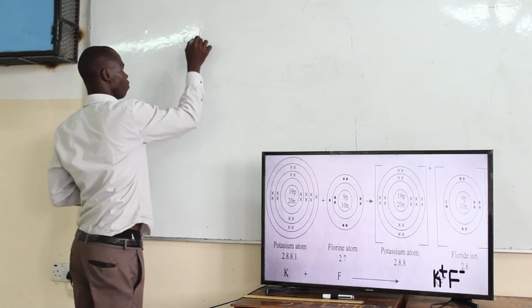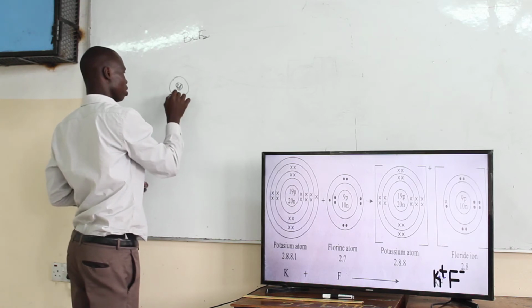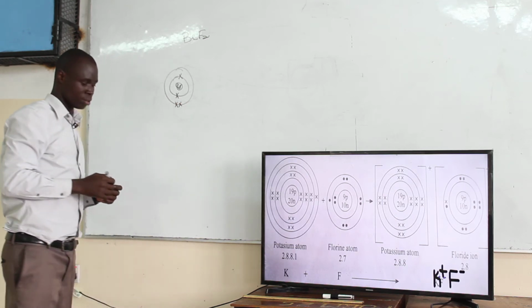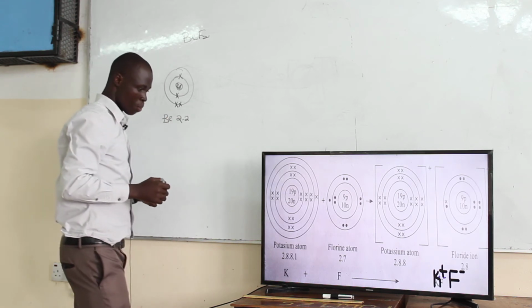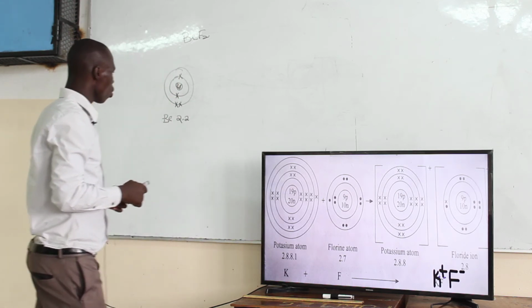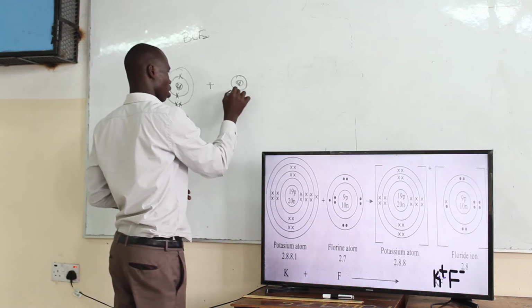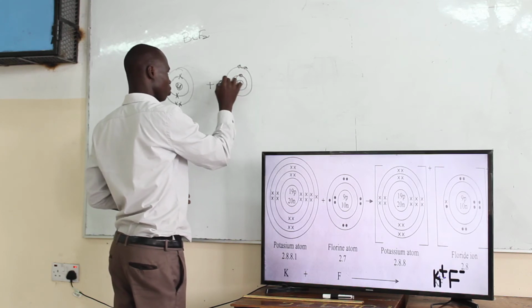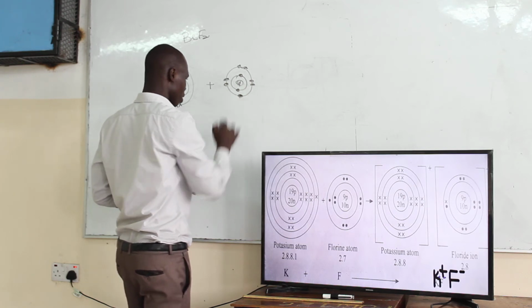Beryllium is supposed to give 2 electrons, but fluorine has 7 electrons in its outer shell.